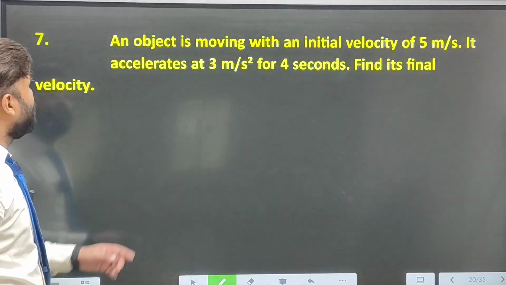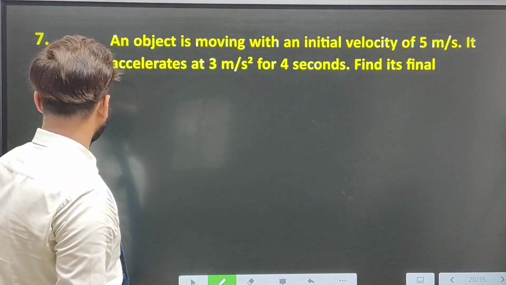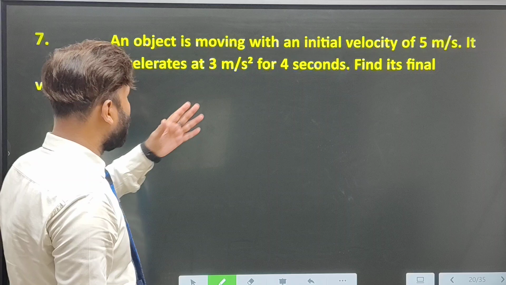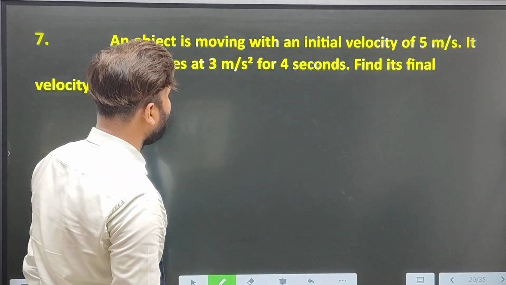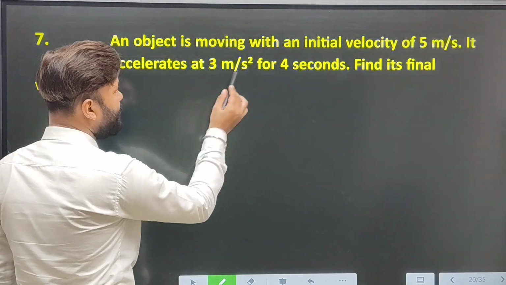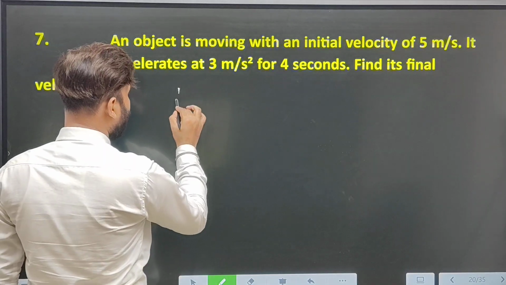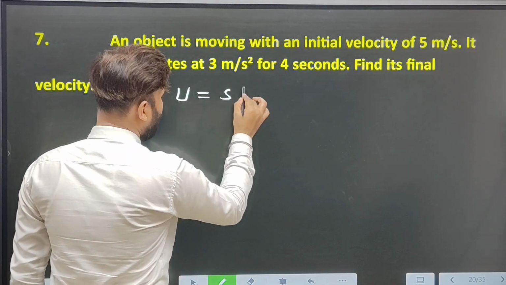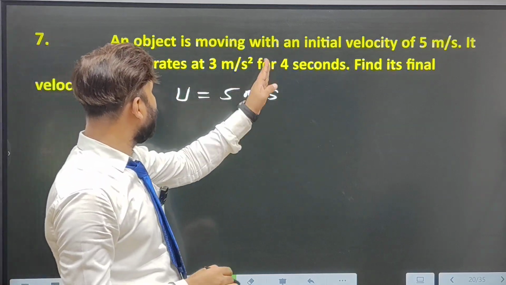Coming to the next question. An object is moving with an initial velocity of 5 meter per second. It accelerates at 3 meter per second square for 4 seconds. Find its final velocity. So, students, u is given, 5 meter per second, and it accelerates at 3 meter per second square.